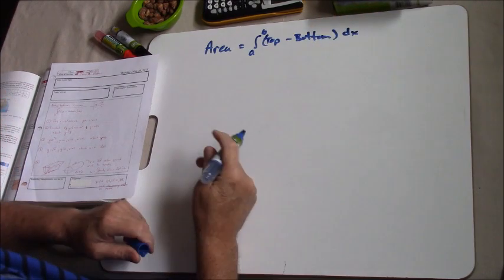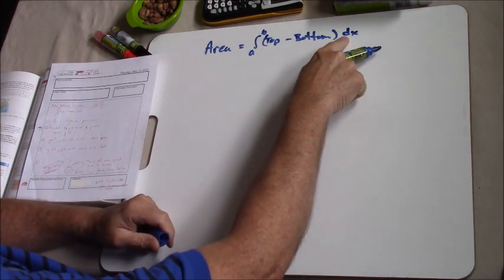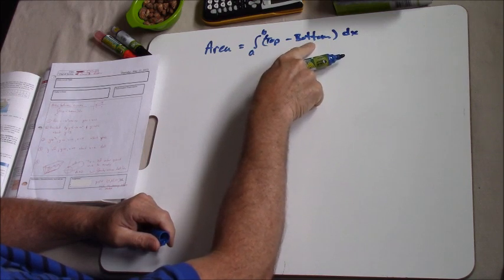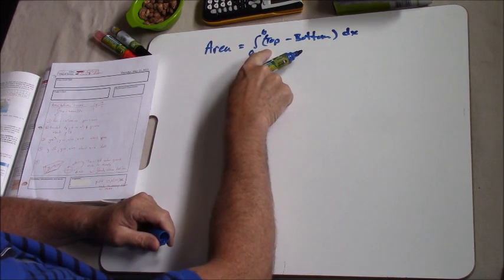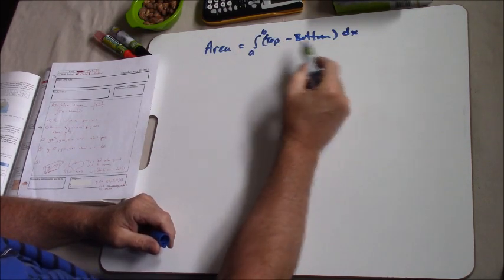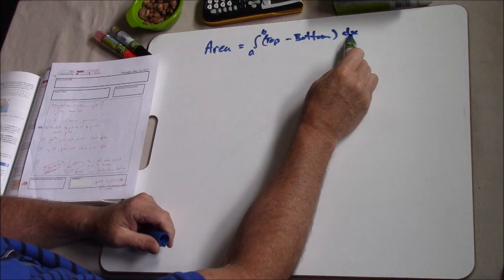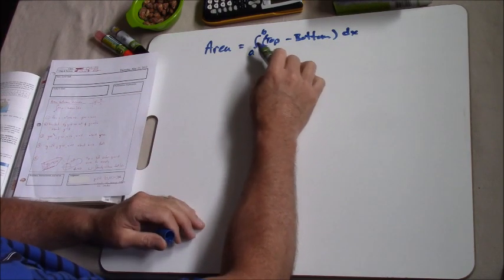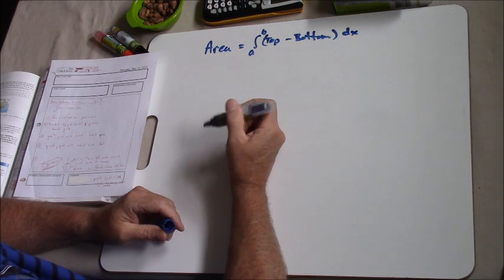And if for some reason we're doing something sideways and it's a dy, it's the curve to the right minus the curve to the left. The one to the right would have larger values than the one to the left. And our A and B values are the x coordinates where these two graphs would intersect, or if it's sideways, the y coordinates where they intersect.